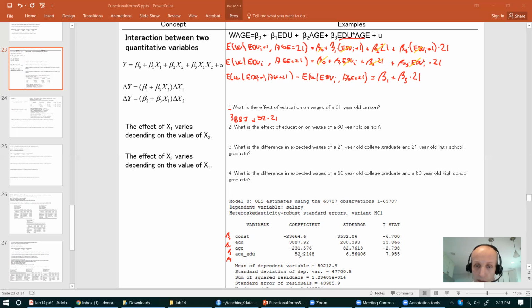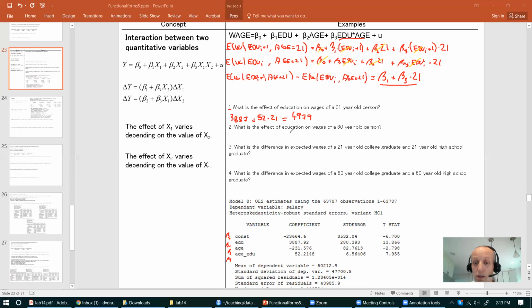So making this calculation gives us 4,979. So an extra year of education for a 21-year-old boosts his or her wages by about 5,000.